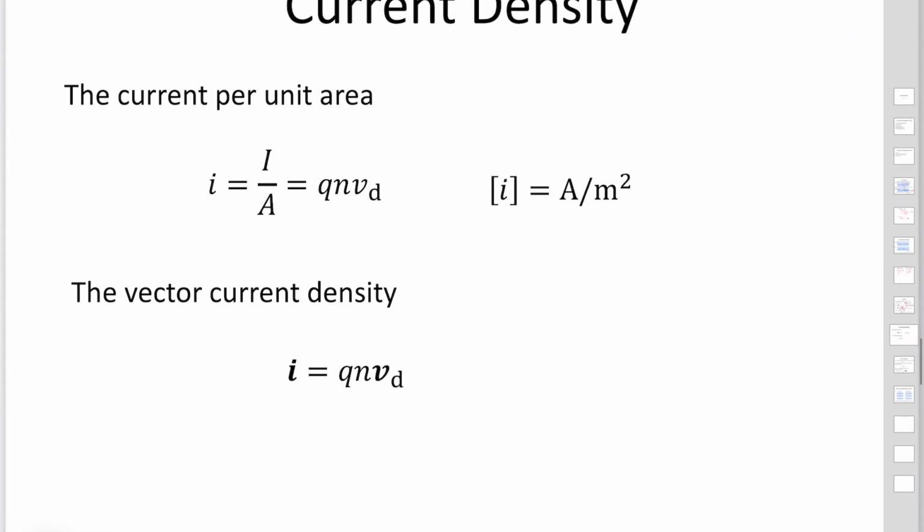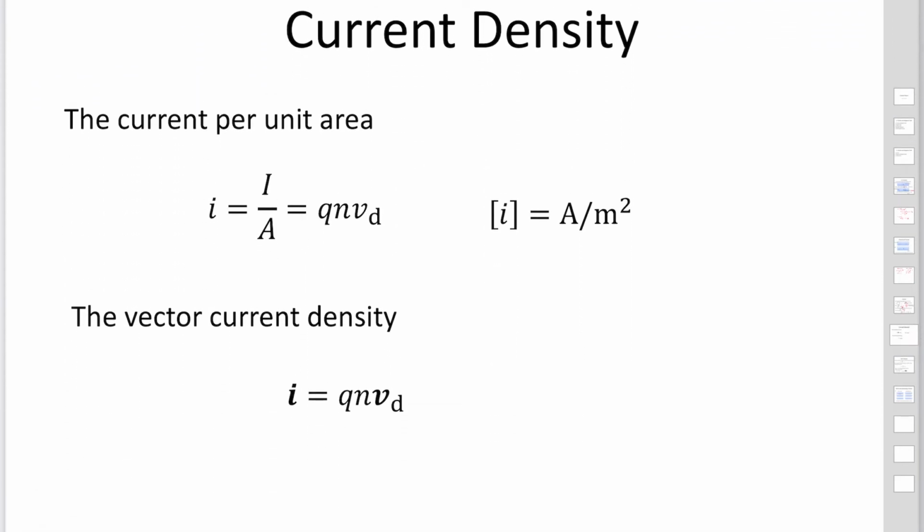And I would like to introduce the new term, current density. Current per unit area: if you divide the current by the area of the wire, it becomes the current density. So I divided by the area of the wire becomes the current density, q times n times the drift velocity.